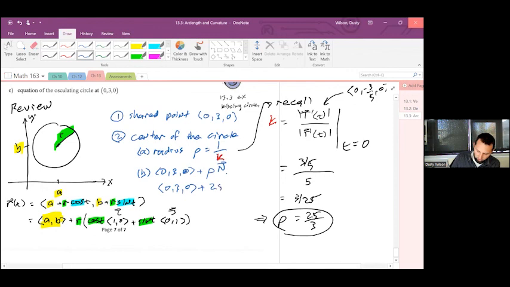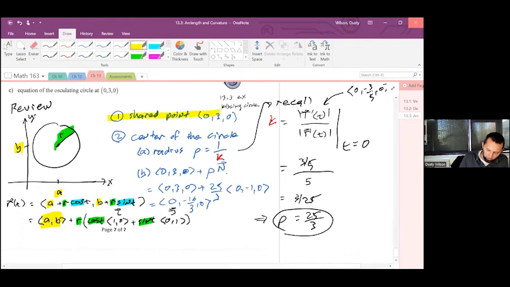No, 25/3, pardon me, 25/3 times 0, -1, 0. And so the center will be at, it looks like, 0, 9/3 minus 25/3, or minus 16/3, comma 0. So that's the center of the circle.